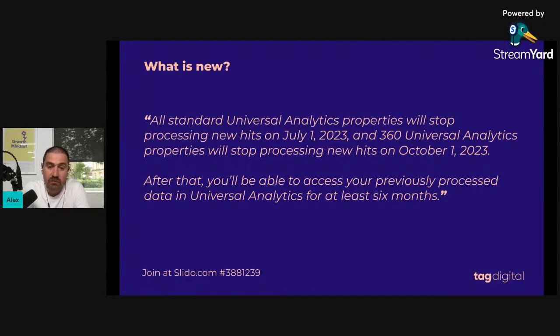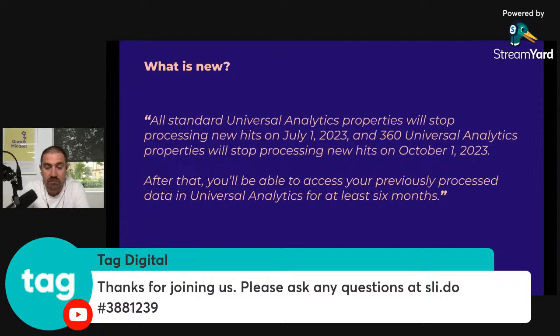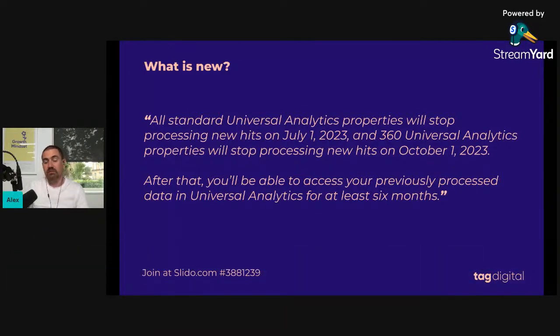After that, you'll be able to access your previously processed data in Universal Analytics for at least 6 months. In simple words, that means Google is retiring Universal Analytics and pushing all users to start using GA4.